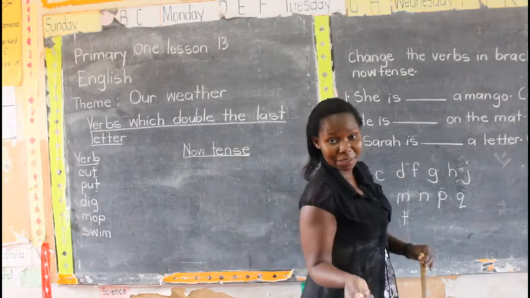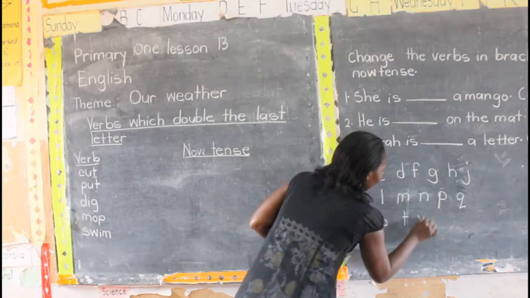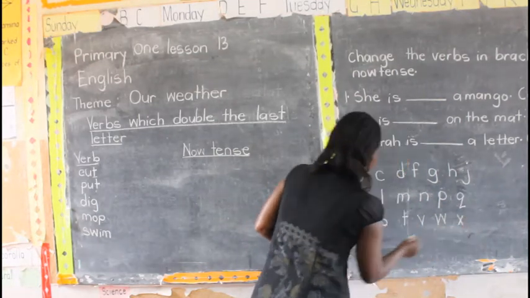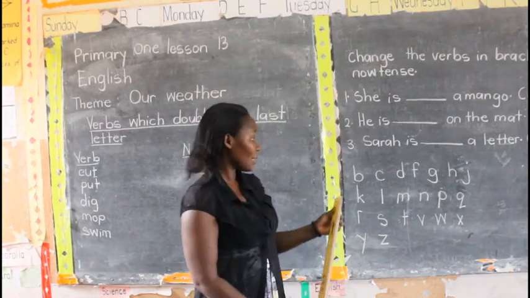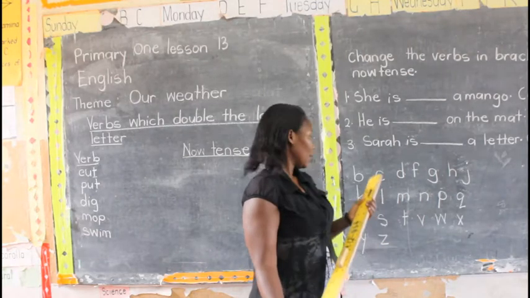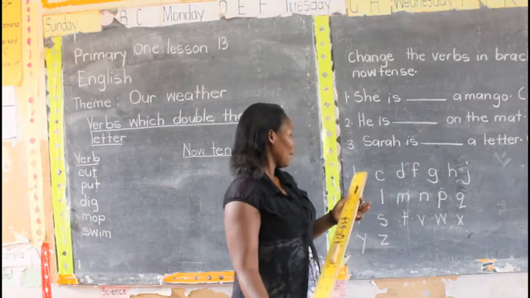Is U a consonant letter? No. Good children. V, W, X, Y, then Z. These are the consonant letters. Yes, children. Are you repeating after me?